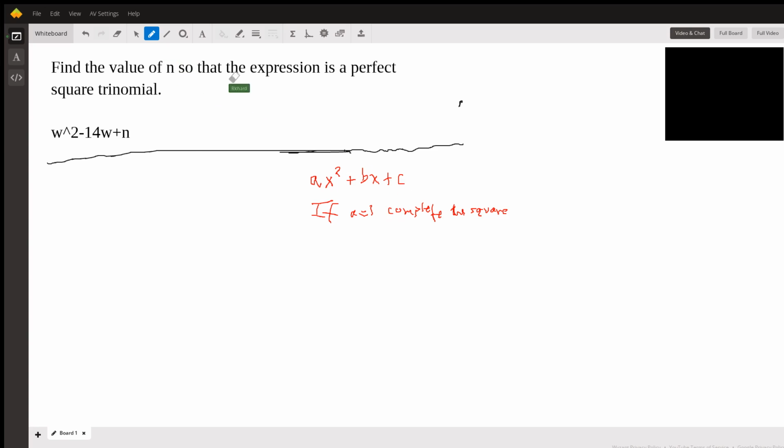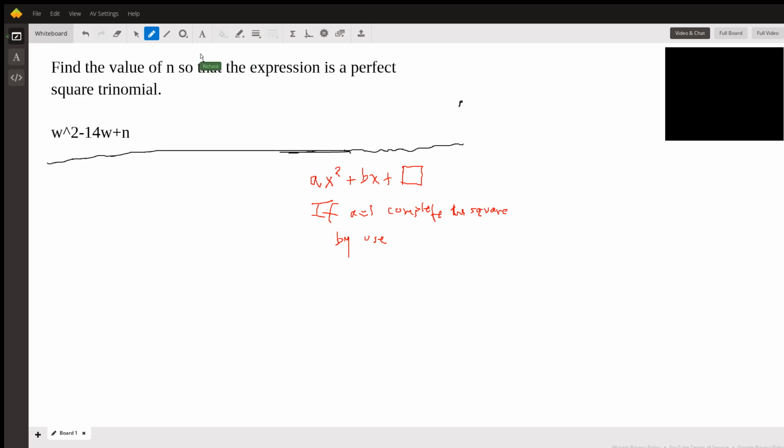I think that's going to work out better for us. So we need to fill in this box with something.